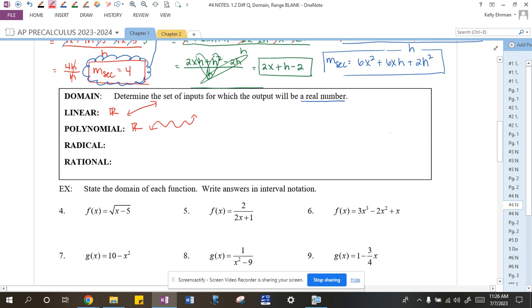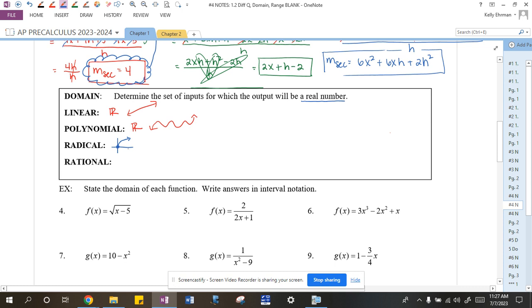Radical and rational are where we start introducing problems, because think about a radical graph, your traditional radical graph, something like that. It has a starting point and it goes off just in one direction. It does not go on forever in both directions like a line or a polynomial.